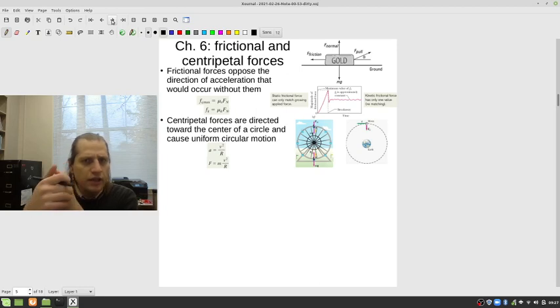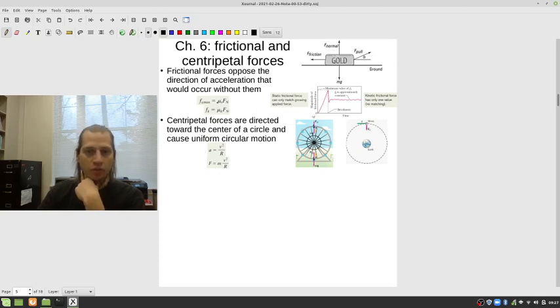Chapter 6 stuff is about frictional and centripetal forces. And the idea for the frictional forces stuff is that the normal force and the frictional force are linked through some proportionality constant called the coefficient of friction. And so we have two equations for it. You typically have a coefficient of static friction, which is bigger than the coefficient of kinetic friction.